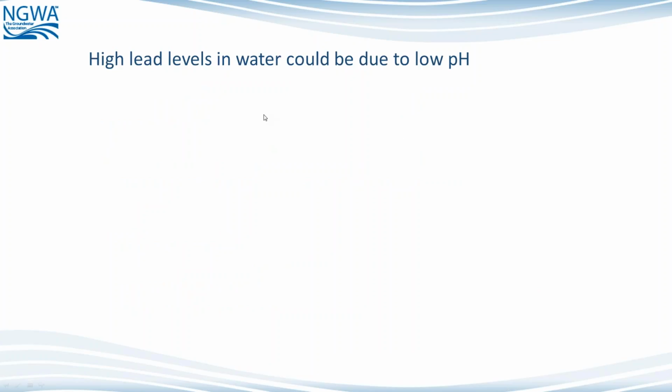As I said earlier, naturally occurring water with a low pH is the most likely to be corrosive. But there are other chemical constituents in water that can make it corrosive, so it's not the only problem or the only condition under which lead could dissolve.